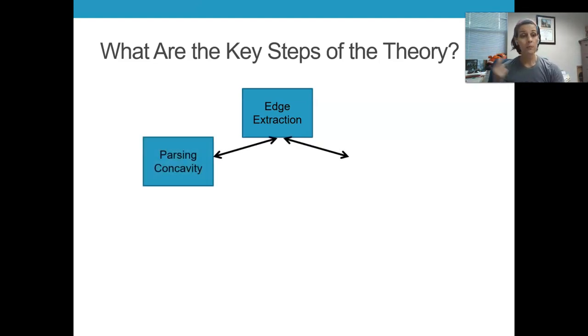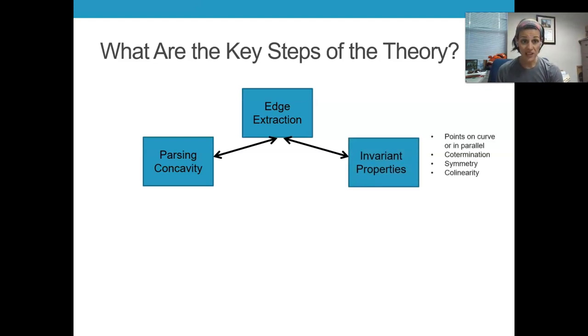From there, we're going to parse areas of concavity. As it turns out, areas that are concave, that bend inward, help us recognize an object more easily than when they are not included. We will also focus on the invariant properties of the object, which I am not going to test you on.